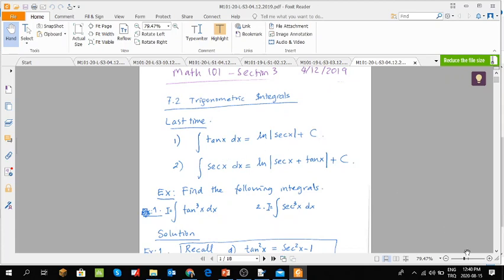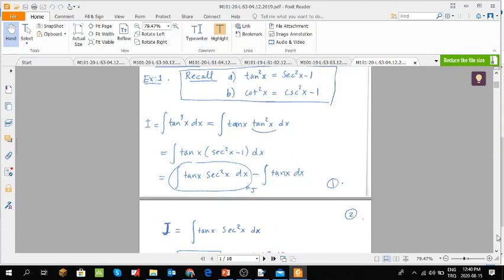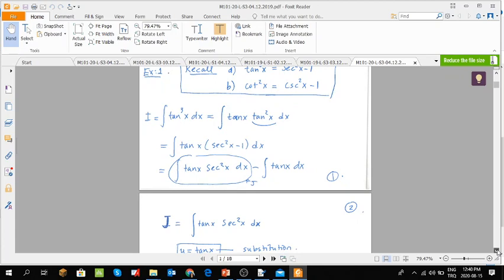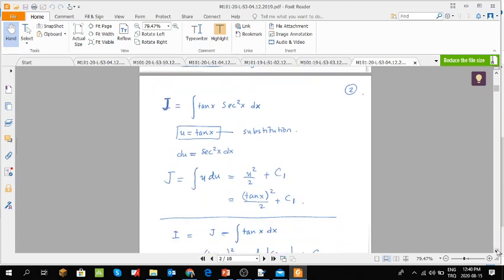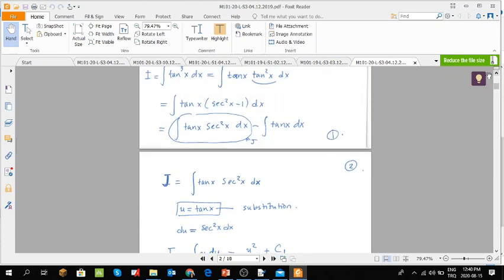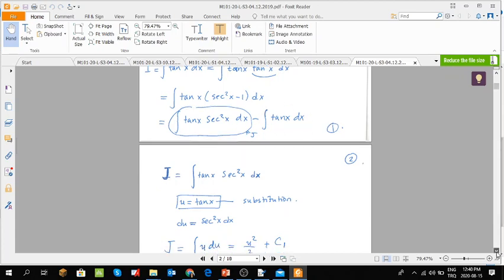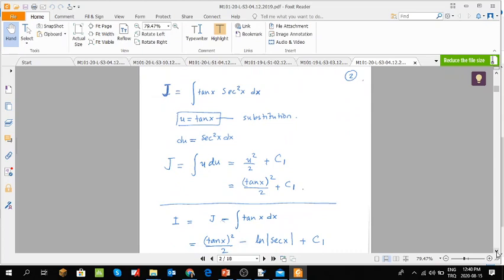This is already known, but the other one, this one is by substitution. Let's call this J. Look, this part is called J. I is equal to J minus this. This was already known. Okay, and u is equal to tan x, du is equal to secant squared x dx.